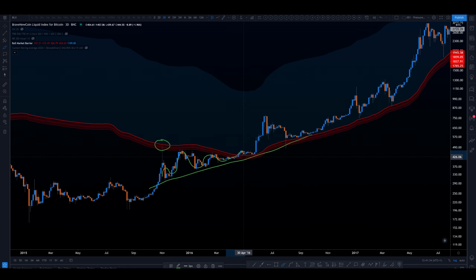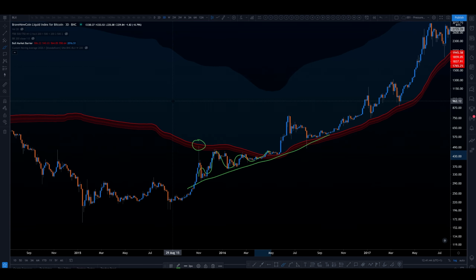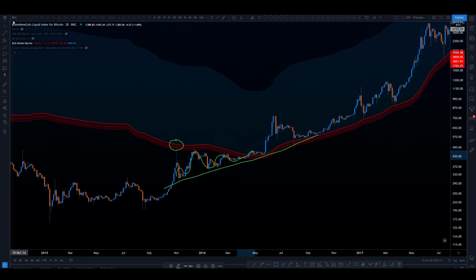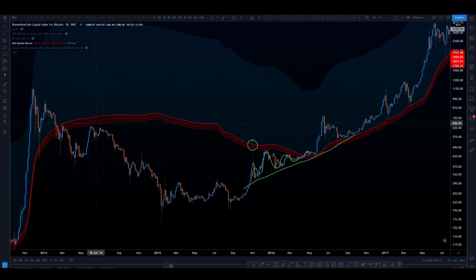Usually when the main resistance or support is broken in a pressure zone, we see the big move. But this is not the case here. Why? What are we missing here? This is the question. So if you look at price action, maybe you will find something, a reason.